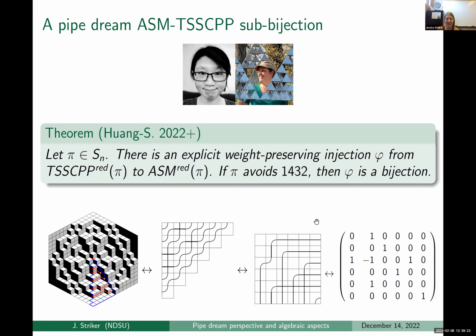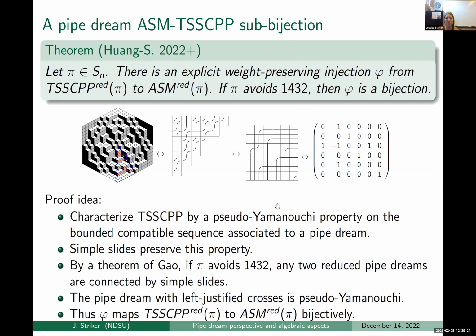All right, and then here's sort of the proof. We characterized the TSSCPP using something we're calling a pseudo-Yamanouchi property, which has something to do with these paths not disobeying gravity. And as it turns out, simple slides, which are basically moving across diagonally one space, preserve the pseudo-Yamanouchi property.